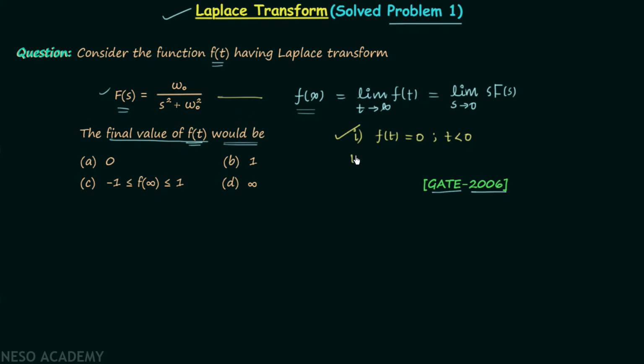After this we move to the second condition, which is a very important condition. This condition is important because we need to check it each and every time we are about to use the final value theorem. According to this condition, sF(s) must have all the poles on the left hand side of S-plane.